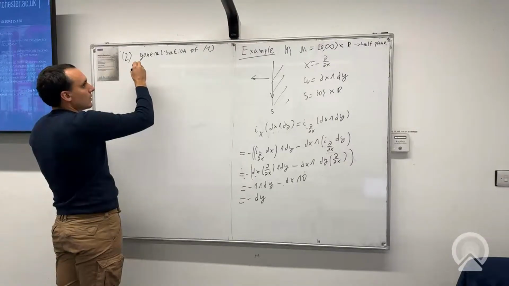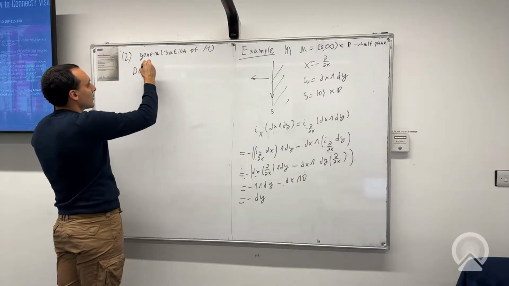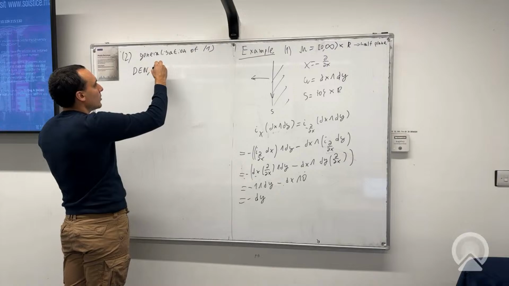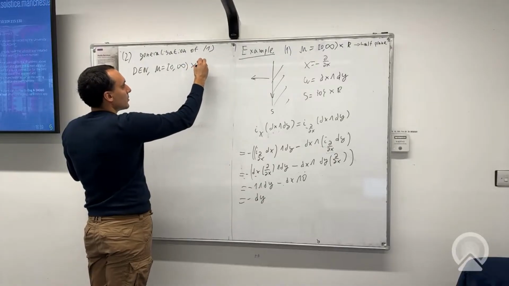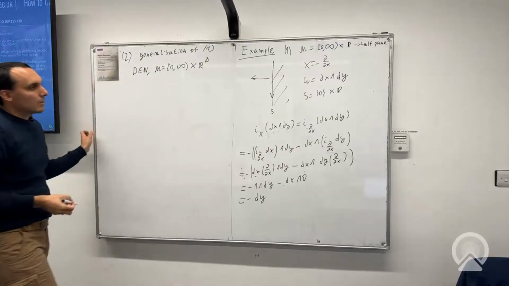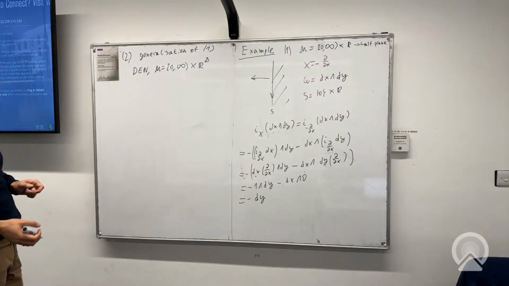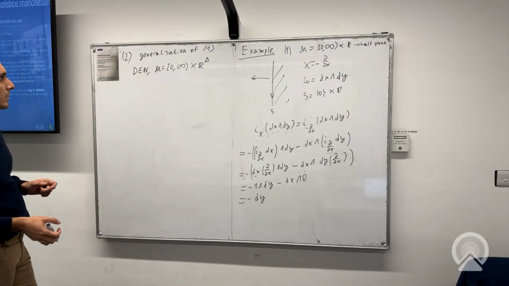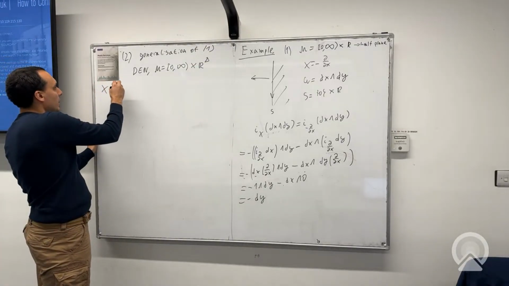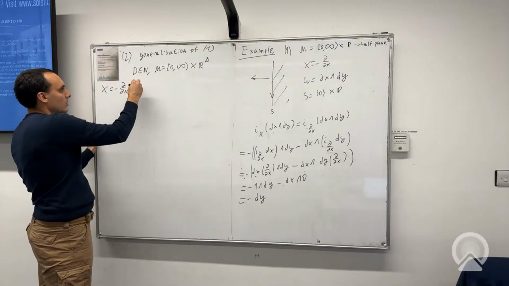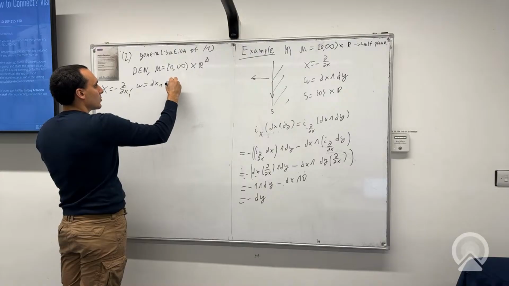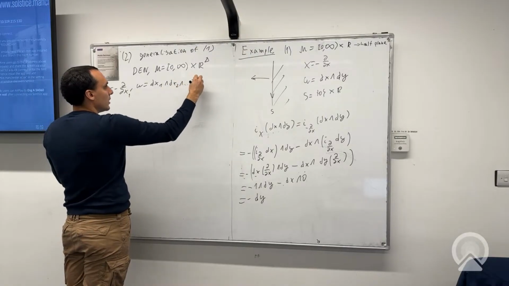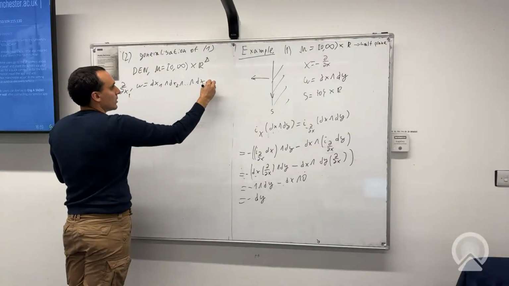D is an integer and M equals 0 to infinity times R to the power d, this dimension, and then X is minus d dx1, and omega is dx1 wedge dx2 to dx d plus 1, let's say.